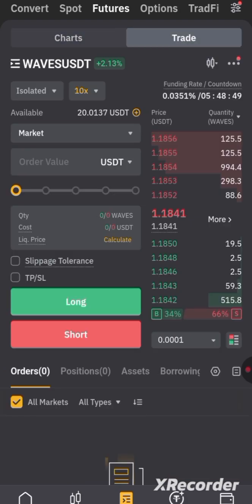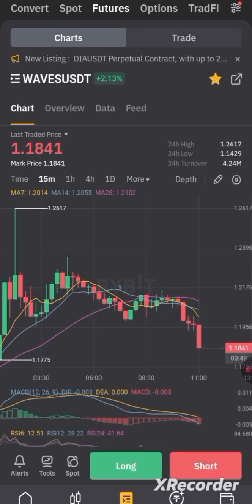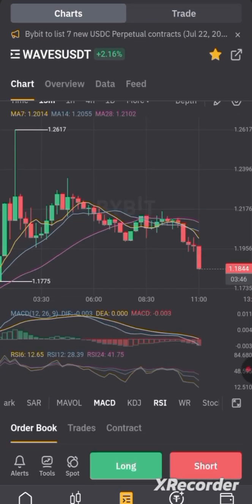And you can only know that the market is pumping by checking your RSI. The RSI is the only indicator that will show you the number of times this market has already pumped, or maybe the market has already dropped down. The RSI is going to explain it deeper for you.